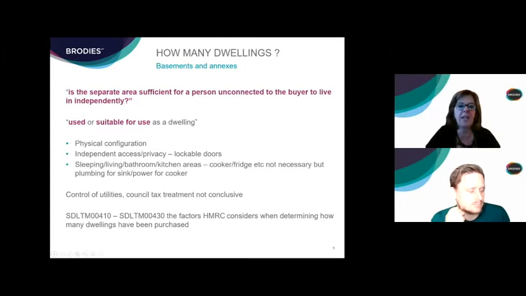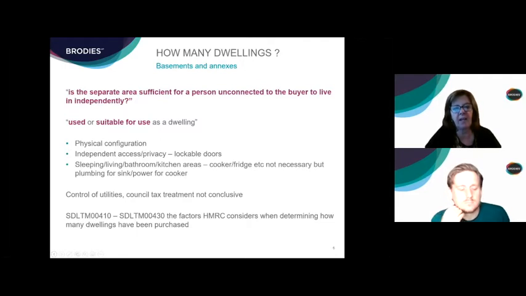There are lots of other tests that come into play, whether the utilities can be separately controlled, whether the council tax treatment is separate, but those are not necessarily conclusive. There is some fairly detailed HMRC guidance on whether only one dwelling has been purchased or two, so whether there is a separate dwelling, but the facts all need to be weighed in the balance.